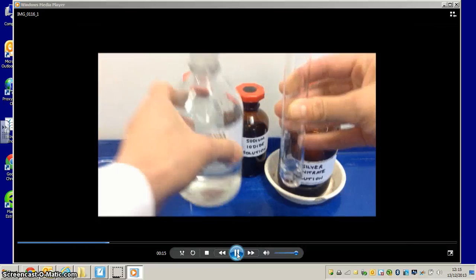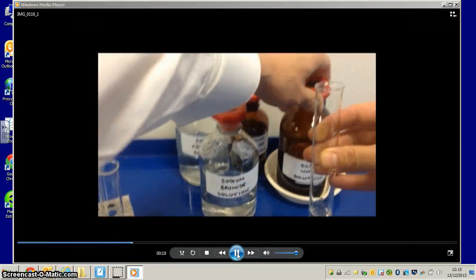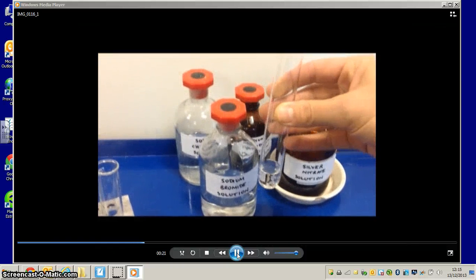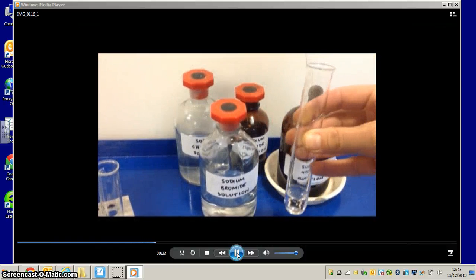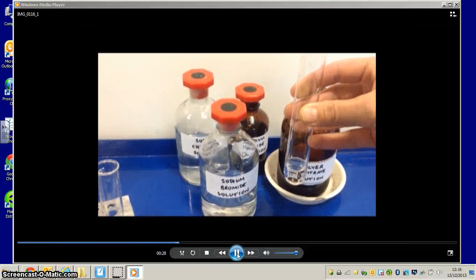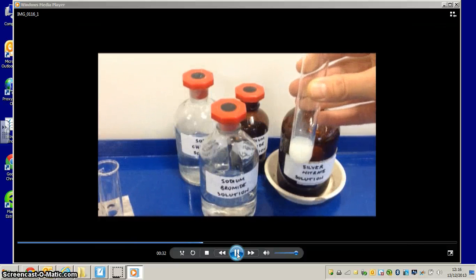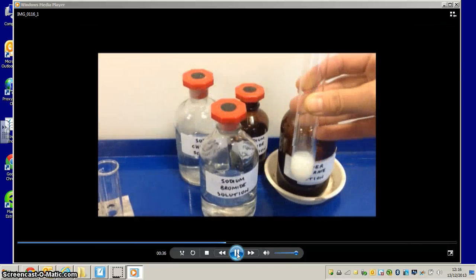In exactly the same way, I add some silver nitrate solution. This time we get a precipitate again, but it is slightly less white, more of a creamy colour.